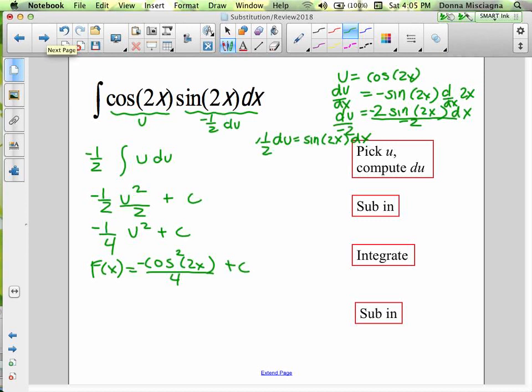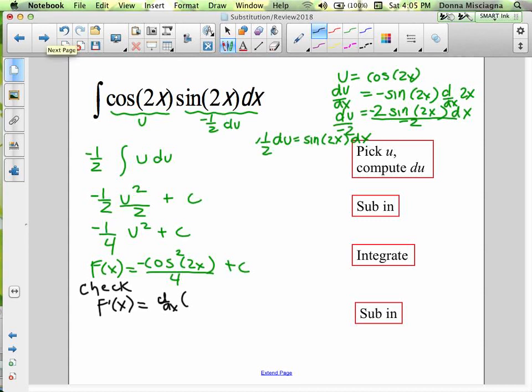Let's check. F prime of x equals, right, this one is a chain rule. We've got BLOP squared, so it's going to be the derivative of BLOP, and it's good practice for taking the derivative.